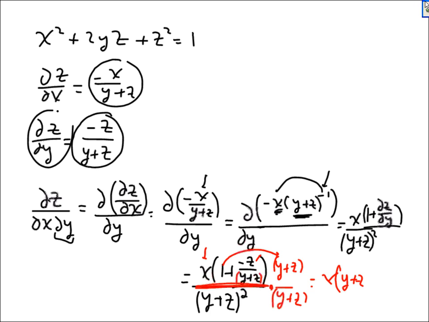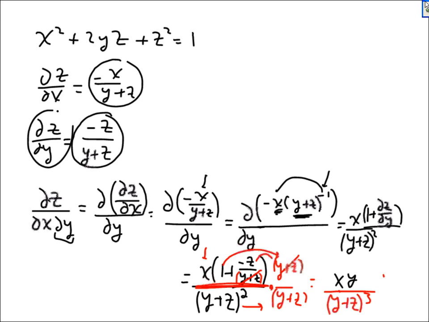The negative z over y plus z, the y plus z's cancel, and you just get negative z. And in the bottom, you have y plus z squared times y plus z, that's better known as y plus z cubed. And since what's in the brackets, y plus z minus z, is just y, x times y is just xy. And there it is. xy is on top.